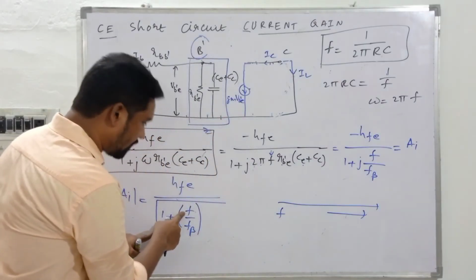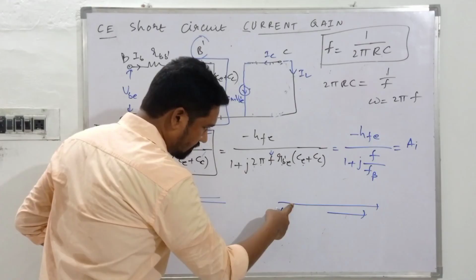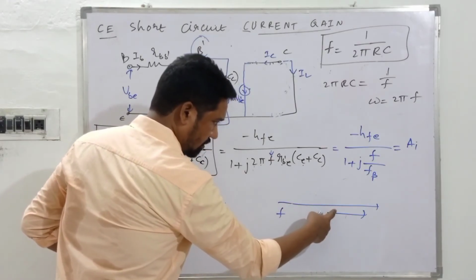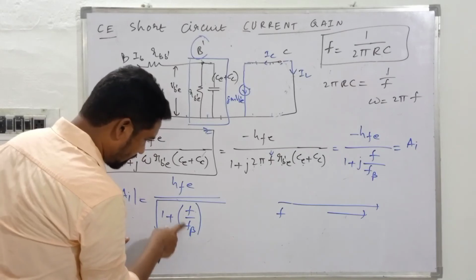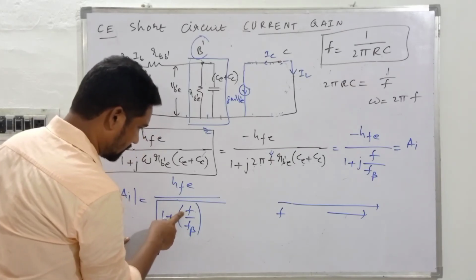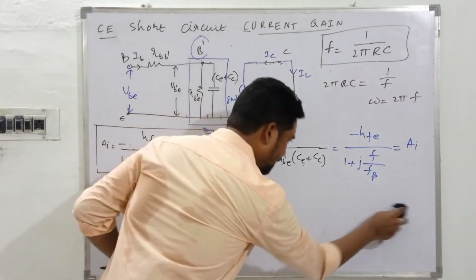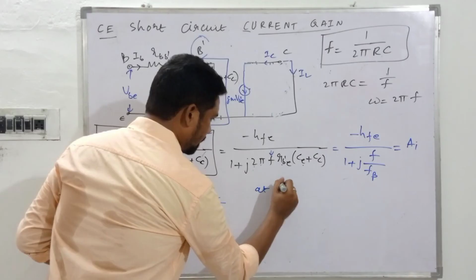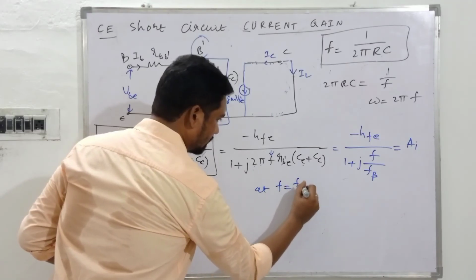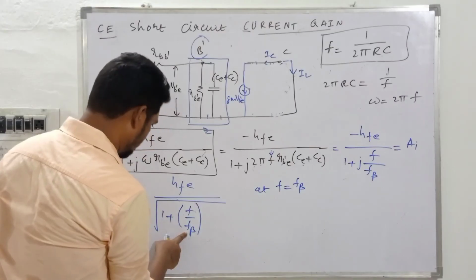This is the working different frequencies: 100 Hertz, 200 Hertz, megahertz, like that. This is a fixed value, but this is the working frequency, right? From this itself, we can get the definition for f beta, that at f is equal to f beta, this working frequency is equal to f beta.